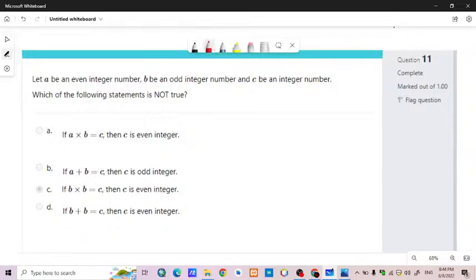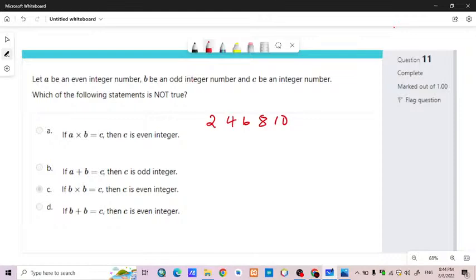When we talk of even numbers, we talk of numbers which, when divided by 2, do not have a remainder. So this can be 2, 4, 6, 8, 10, and so on. If you divide these numbers by 2, there's no remainder. What about odd numbers?